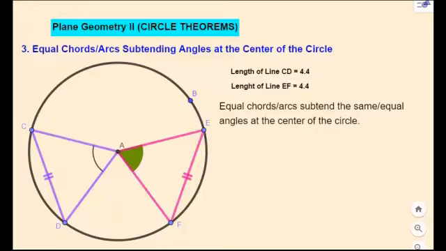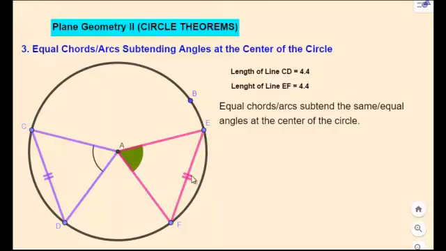The property then states that equal chords or arcs subtend the same or equal angles at the center of the circle. So when the chords are equal, and for the sake of exams, these strokes would be on the two chords. That is, if the stroke is 1 on chord CD, it should also be 1 on chord EF.